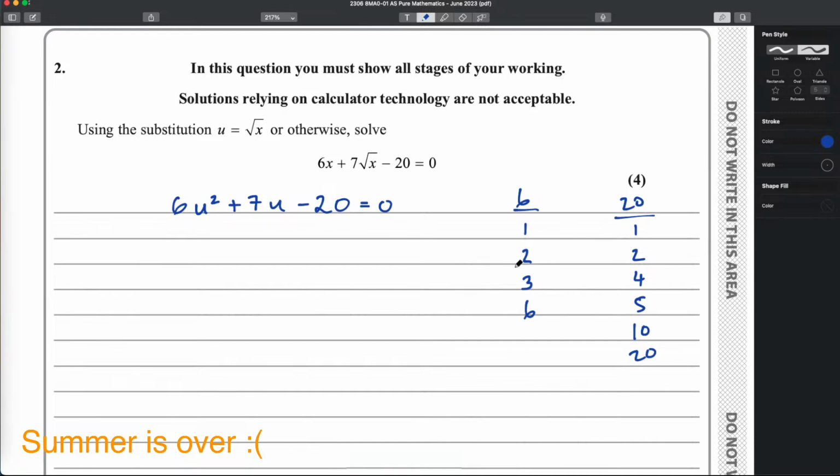We can't make a 13. 20 and 13. Well, it's no 13, so what numbers can we make? Yeah, it's not. Is anything working out here? Can we factorize this quadratic?